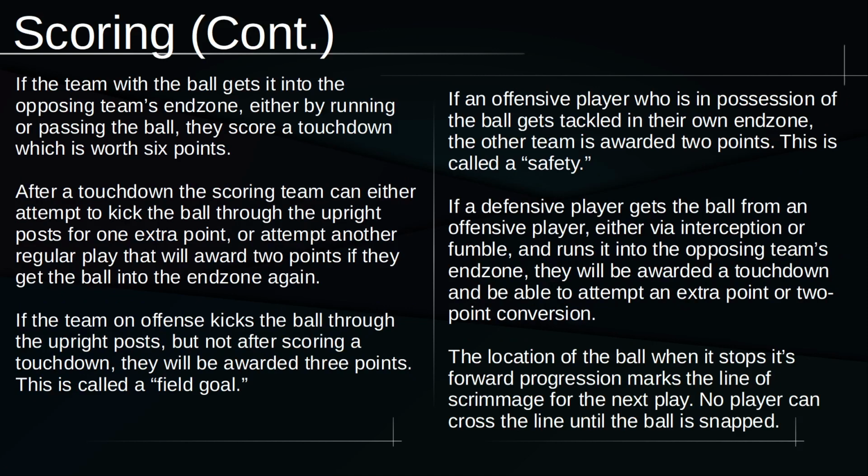Scoring continued. If the team with the ball gets it into the opposing team's end zone, either by running or passing the ball, they score a touchdown, which is worth 6 points.